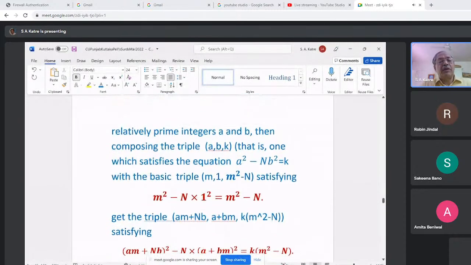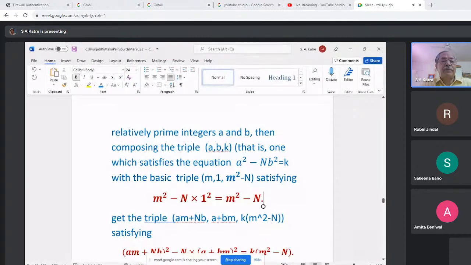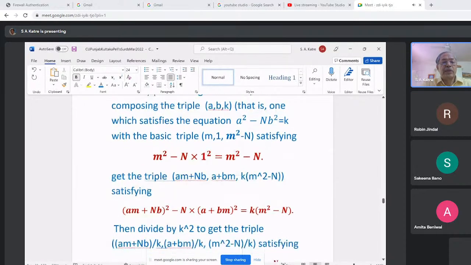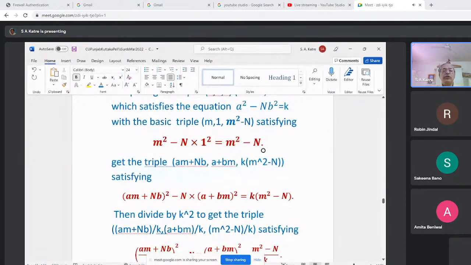So Bhaskaracharya, what it does, first of all, you take one triple, then another triple in which b is equal to 1. Now compose this. This composing is the idea of Brahmagupta. He has the identity and use that identity and get the new triple.